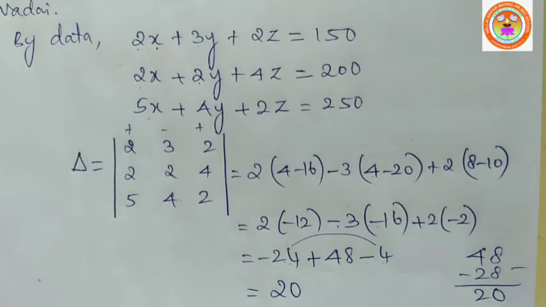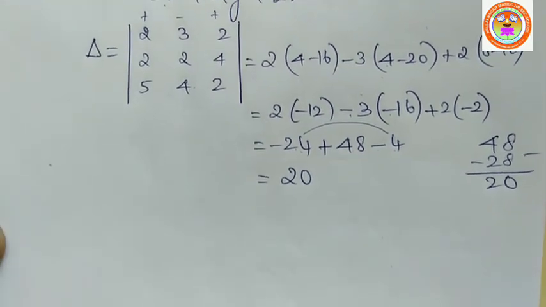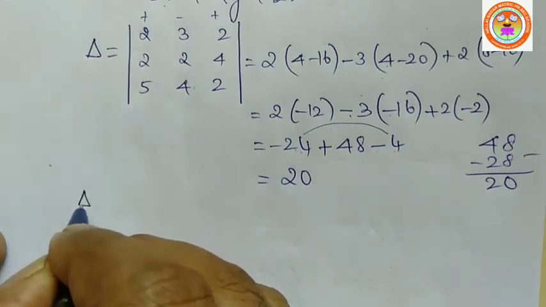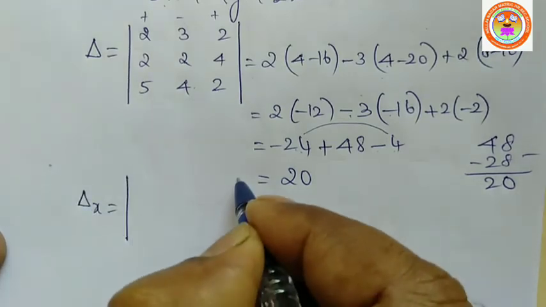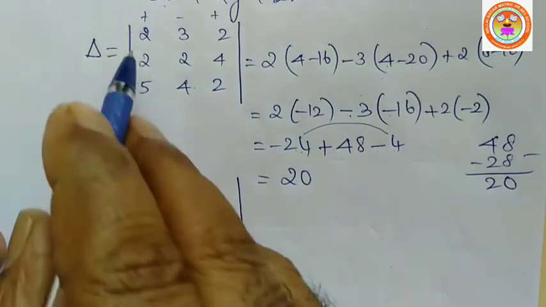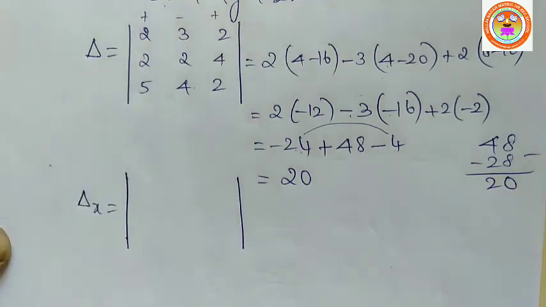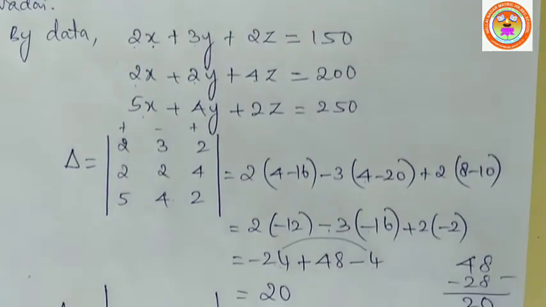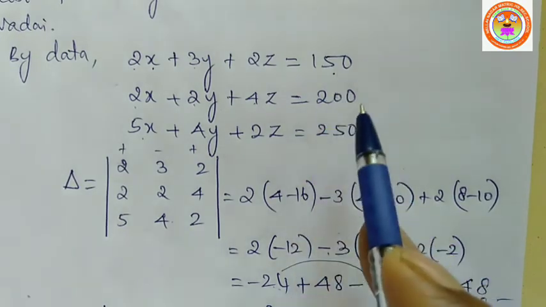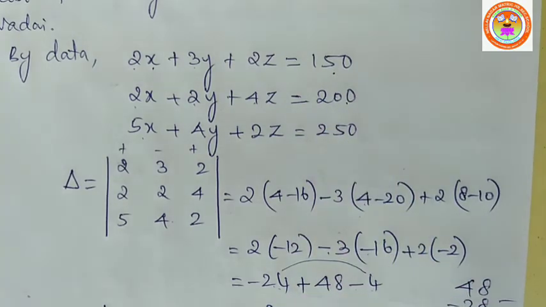Now come to delta x. What is delta x? Delta x is obtained from delta by replacing the first column by the constant terms. The constant terms are 150, 200, 250.